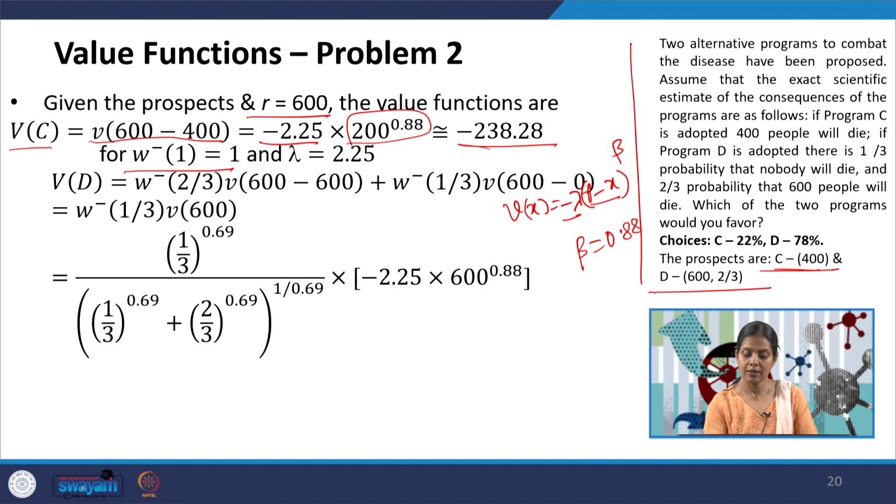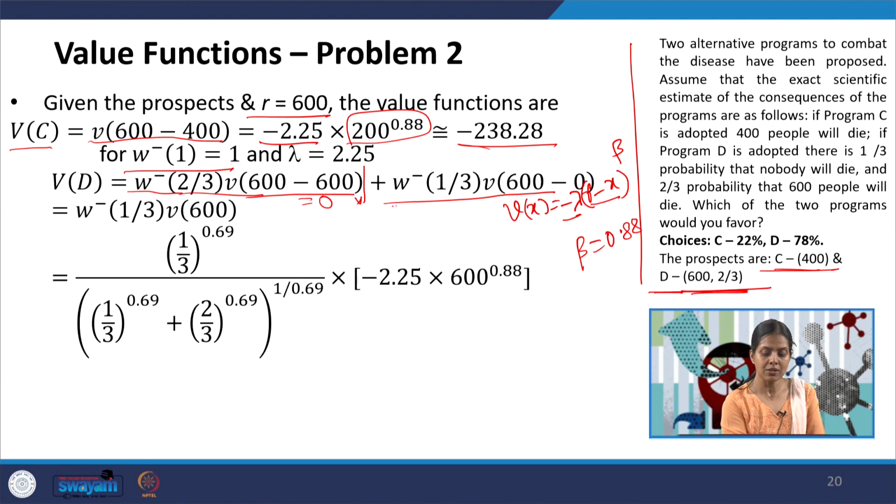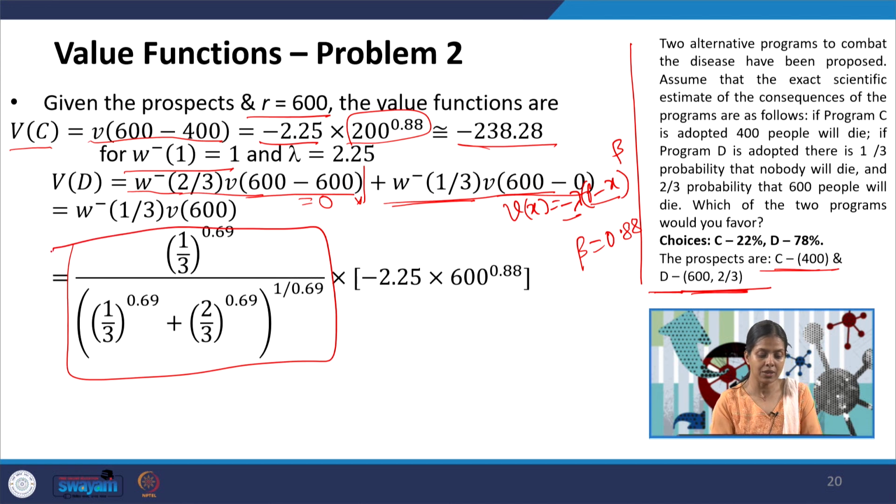Now, considering prospect D, I have again two parts. A 2/3 probability is there that all 600 lives will be lost. So, minus w minus 2/3 V 600 minus 600 plus w minus 1/3 V 600 minus 0. As you understand, 600 minus 600 gives us 0, so of course this term drops out. I am left with w minus 1/3 V 600, because 600 minus 0 is 600. Again, this is the functional form of w minus 1/3.